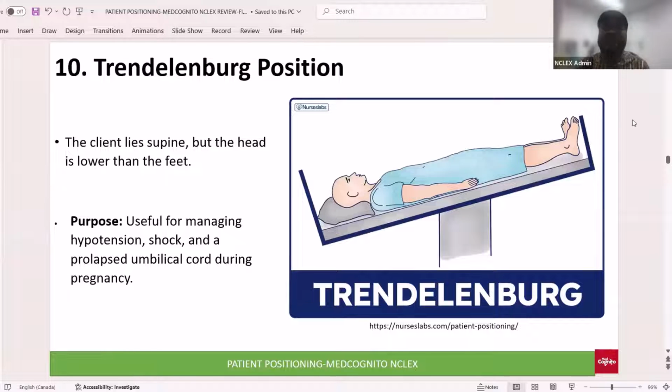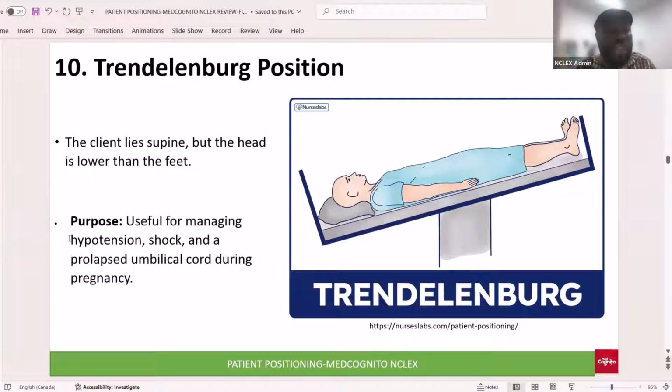What about Trendelenburg's position? In Trendelenburg's position, it's like the supine position, but the feet are higher and the head is lower. Okay, so you tilt the bed. And why do we use this? Just think about it. If blood flow to the head is low and you want blood flow to go to the head, you tilt the bed so that the legs go up and the head comes down.